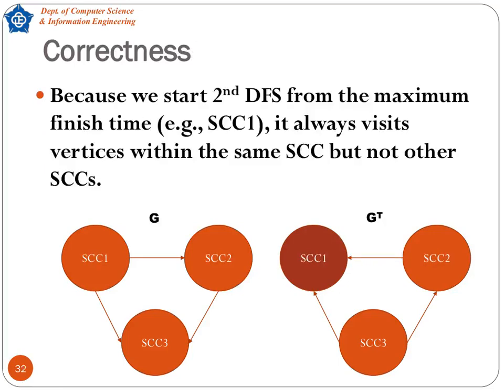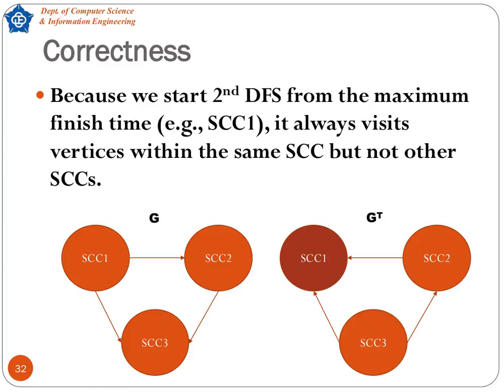Having shown how finish times order the SCCs in the transpose, let's see how the second pass puts that to work. Because we always pick the vertex with the largest finish time to start our second DFS, we land in SCC1 first. On the left is the original condensation graph G, where SCC1 points to SCC2 and SCC3. On the right is the transposed graph G^T, with every arrow flipped.